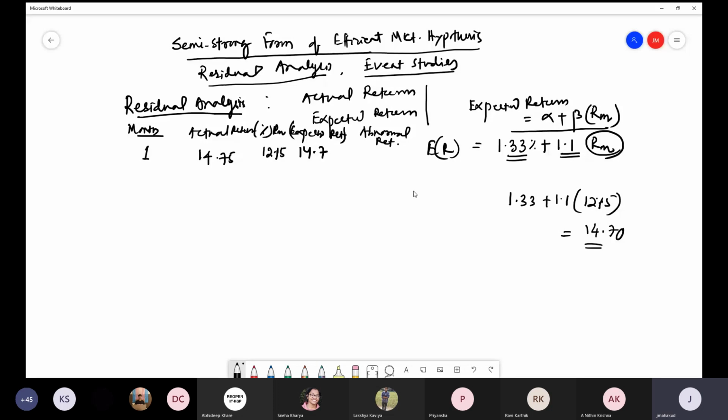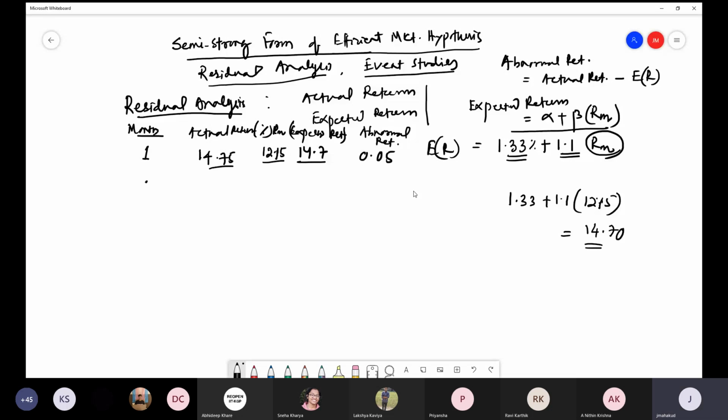Then what is the abnormal return? Your abnormal return formula will be your actual return minus your expected return. So your actual return was 14.75, your expected return was 14.7, then your abnormal return will be 0.05. Right?